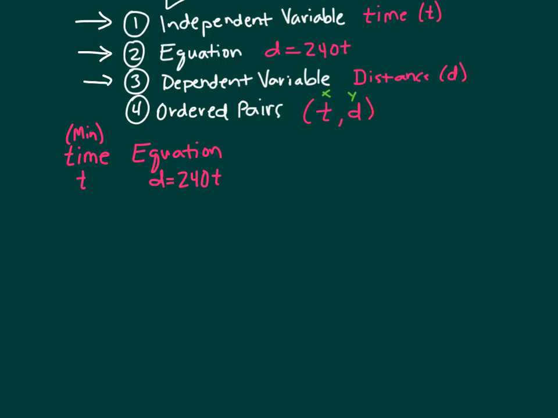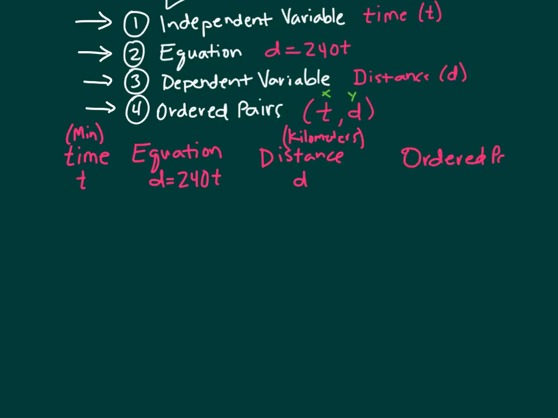My dependent variable is my distance, which we represented with a D, and my distance was in kilometers. That is something very important because when we get to the graph part, you need to know that. And lastly, my fourth column is my ordered pairs.